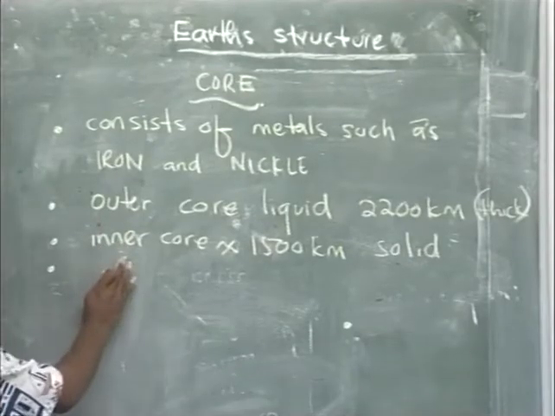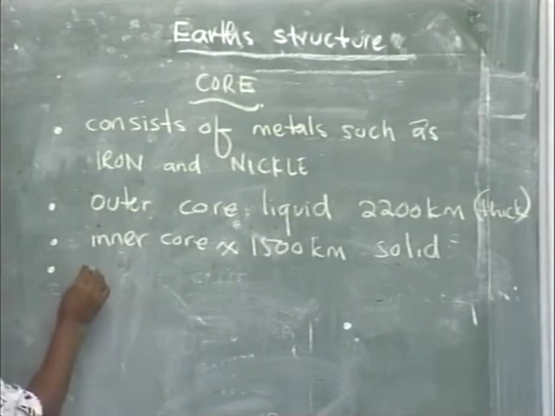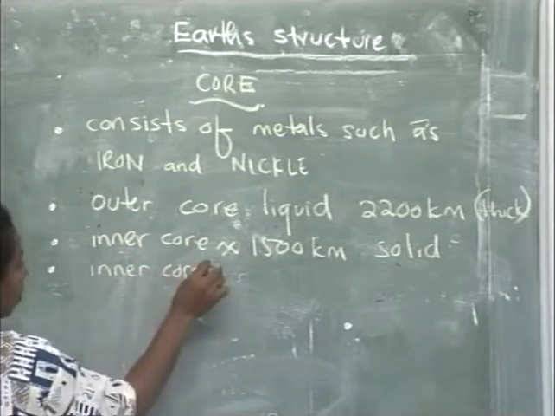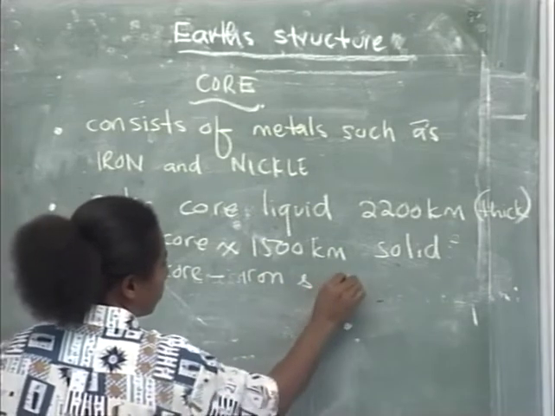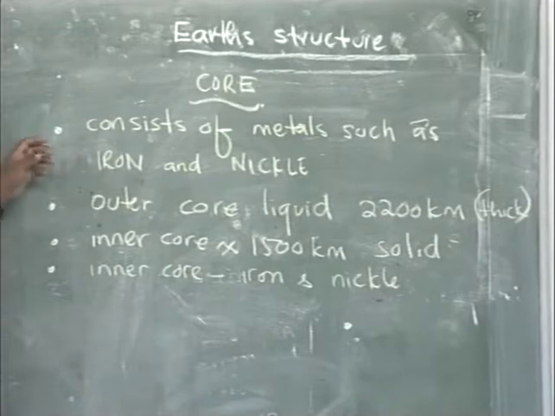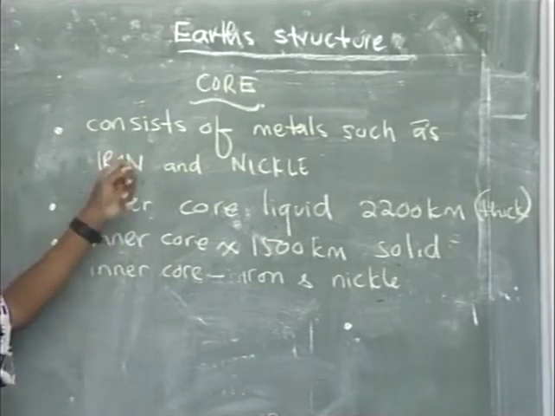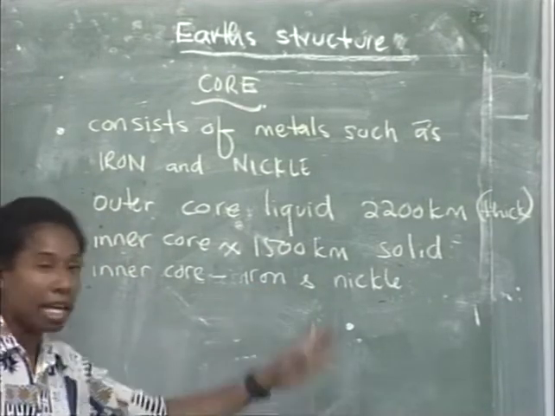The inner core or the outer core? Okay, we double check. He says the inner core contains mainly iron and nickel. So for the statement up here, it's generally that the core consists of this. Here he's specifically telling us that the inner core contains mainly iron and nickel.